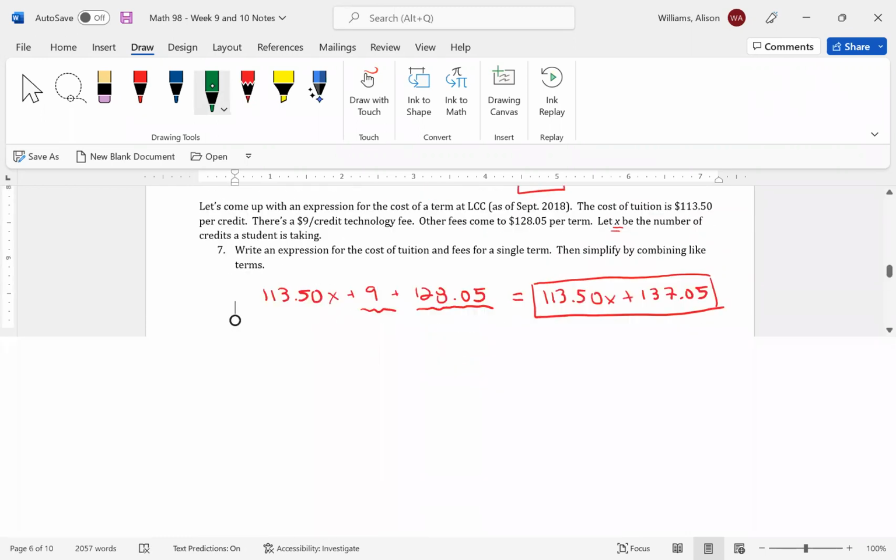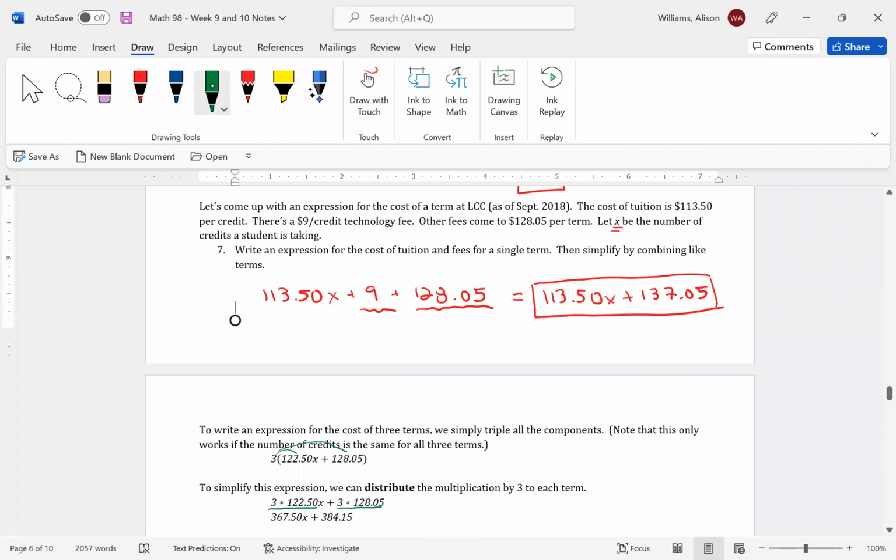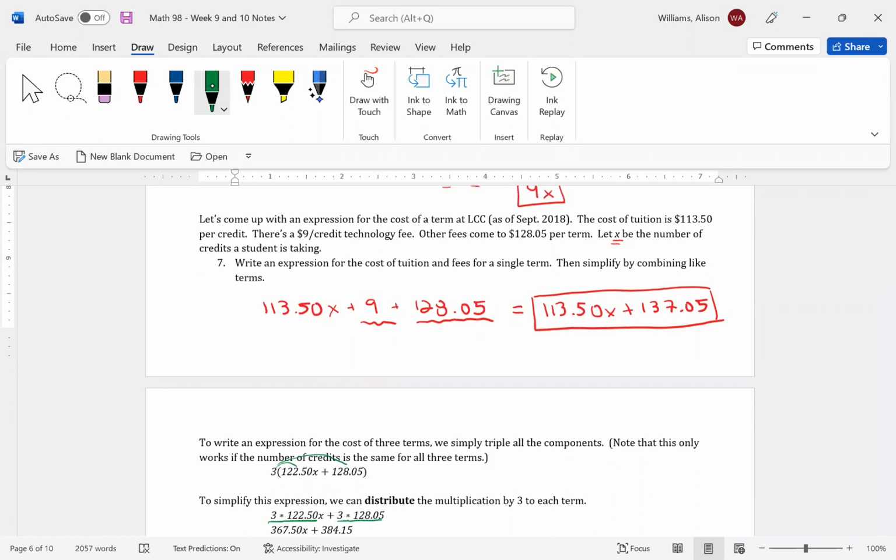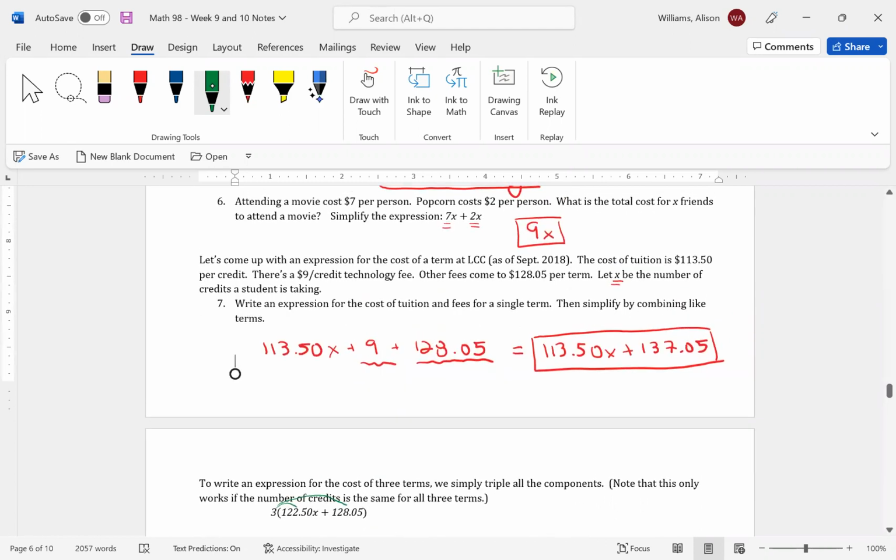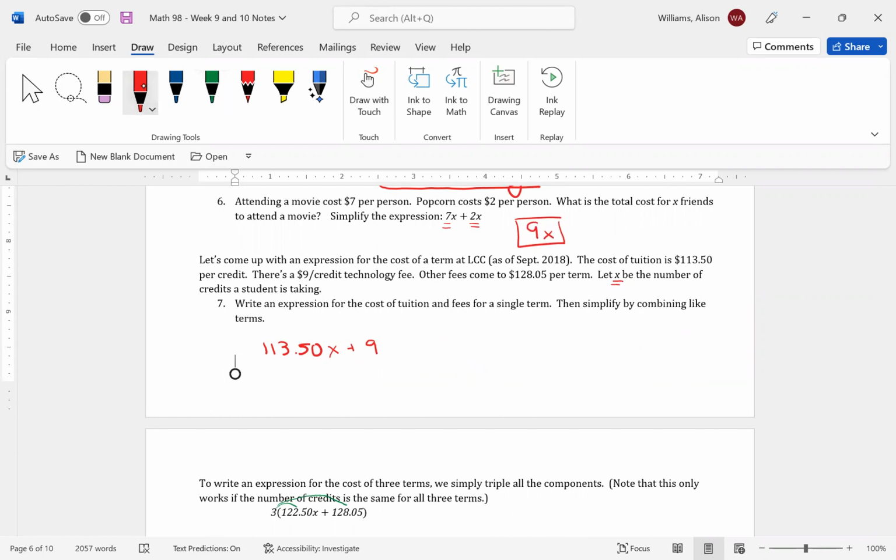I just realized that the $9 fee, just based on my answer versus their answer, I assumed that wrong. So here, I actually am going to fix that. You should fix it too, unless you caught it, which good for you. So it's actually $9 per credit. I just realized that. Okay. So since it's per credit, oops, sorry, let me use the same color. That's 9x plus the 128.05.